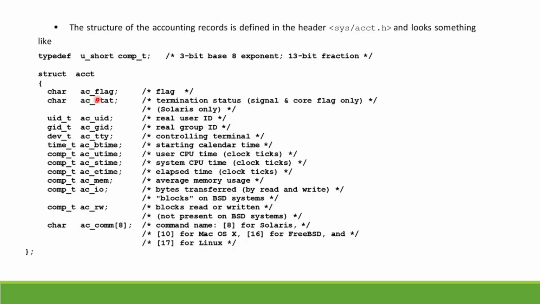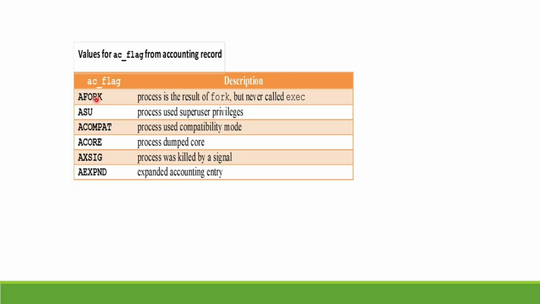Now let us look into the various flag values mentioned. These are the possible flag values maintained in the record. AFORK is set when the process is the result of a fork system call, but it never called the exec system call. ASU is set when a process used super user privileges.